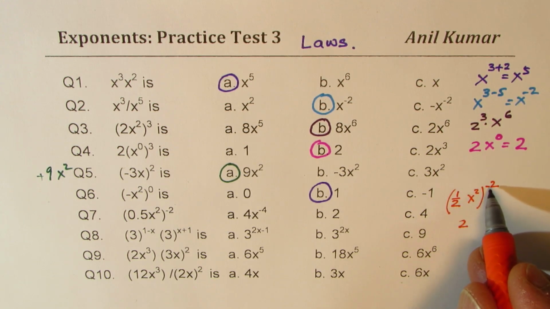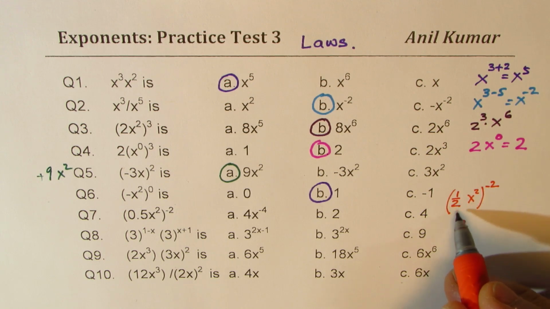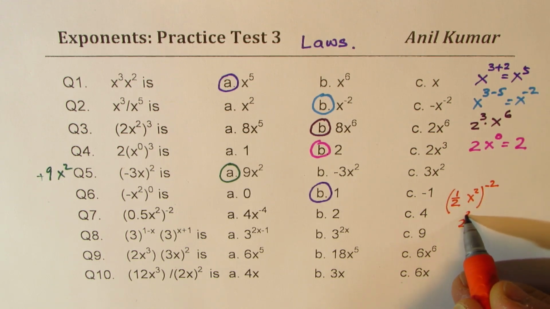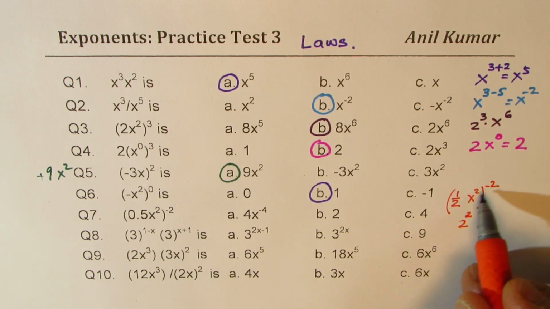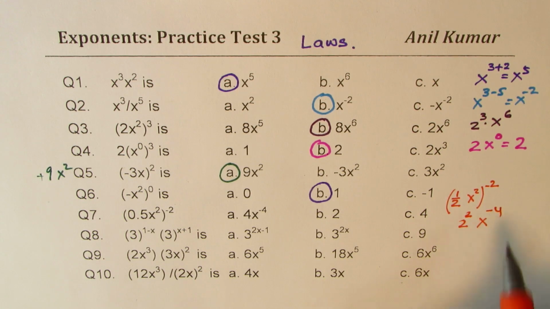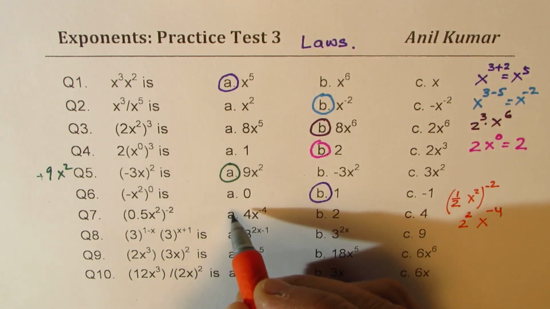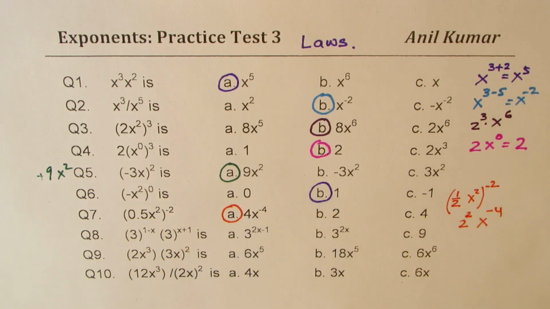So half to the power of minus 2 should become 2 squared. So when you do minus, it flips. And this time, for x, when you multiply, it becomes minus 4. Do you see that part? 2 squared is 4, so we get A as the right option.